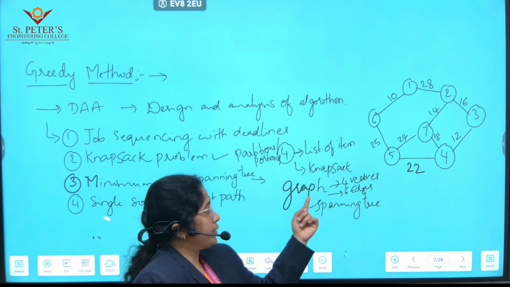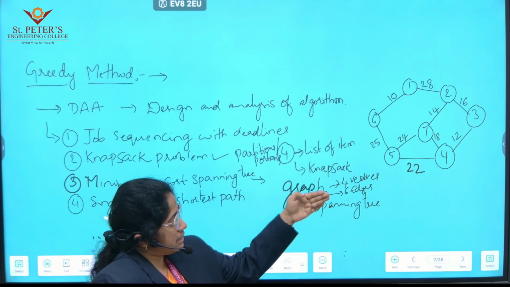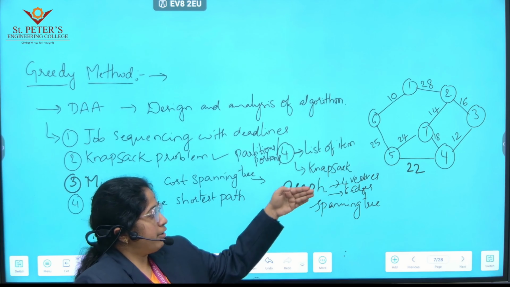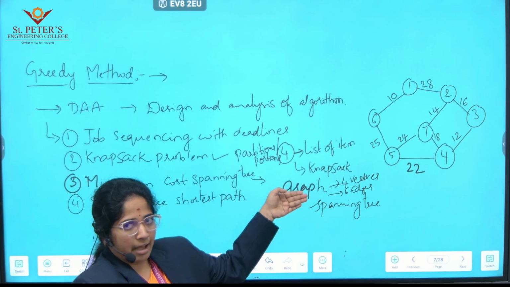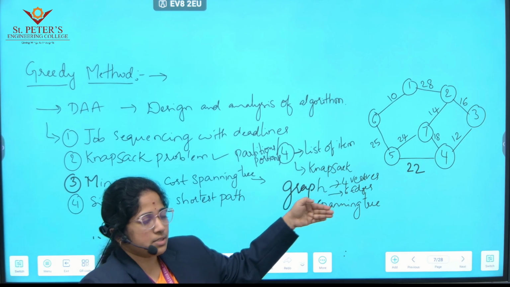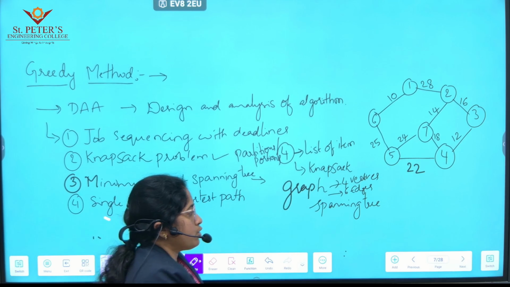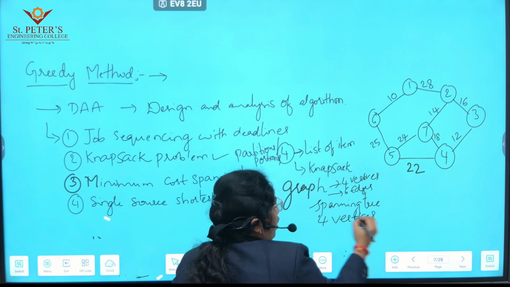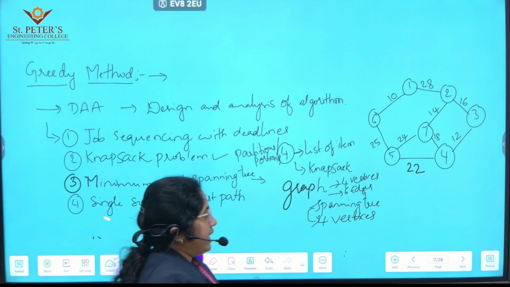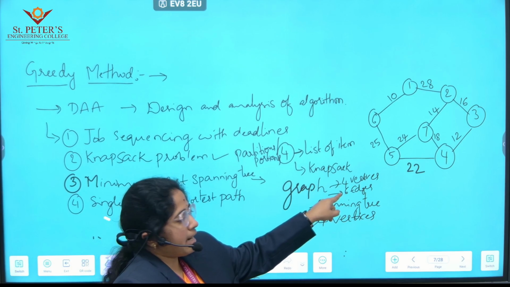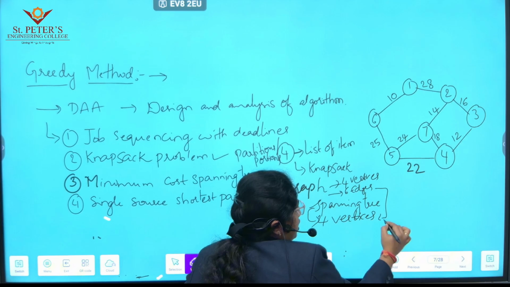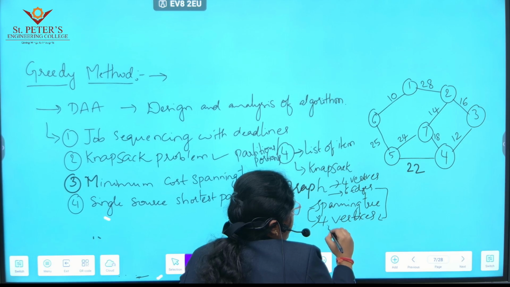With the help of this graph we are going to draw the spanning tree. For example, if I draw a spanning tree for the graph with 4 vertices and 6 edges, I will consider all those 4 vertices. But the main thing is, even though the original graph consists of 6 edges, we need to take only vertices minus 1 edges.